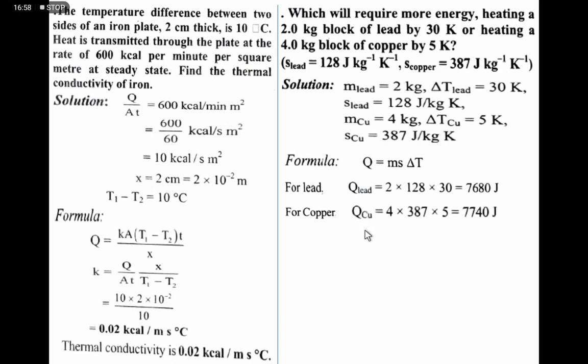It is 4 into 387 into 5 is equal to 7740 joules. Now definitely we have to compare which metal requires more heat. That is, copper requires more heat as compared to lead. So this problem is very simple. It may be for 2 marks.